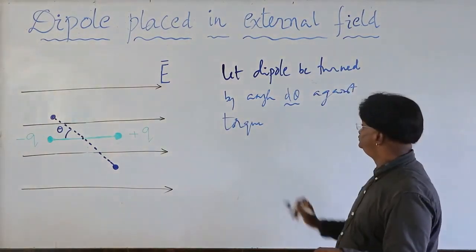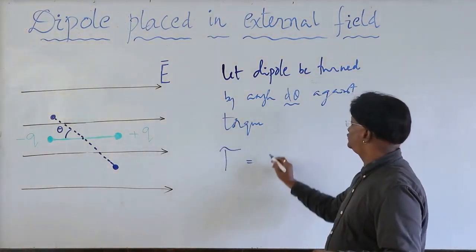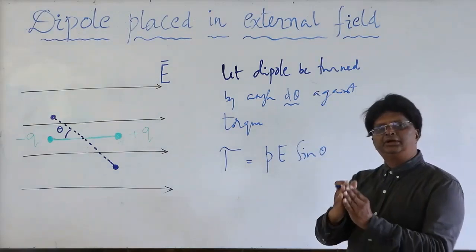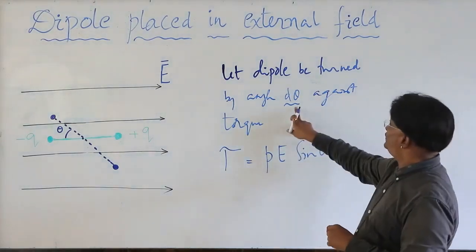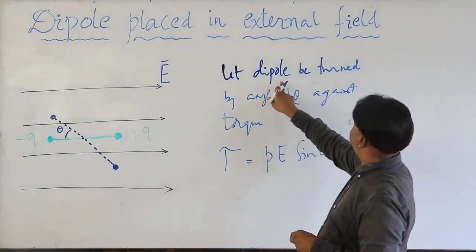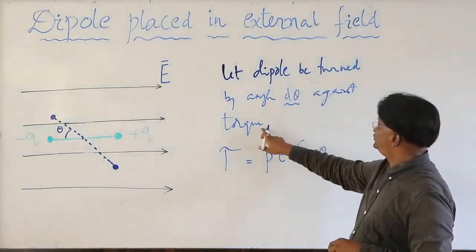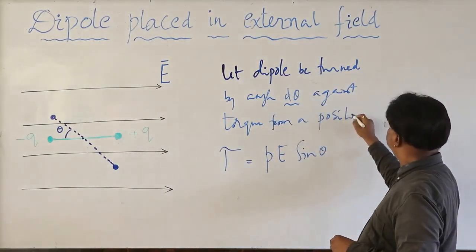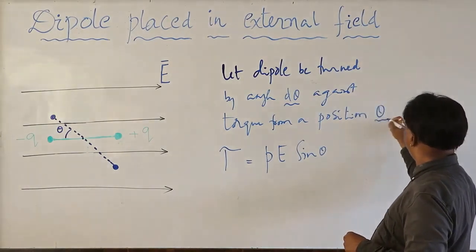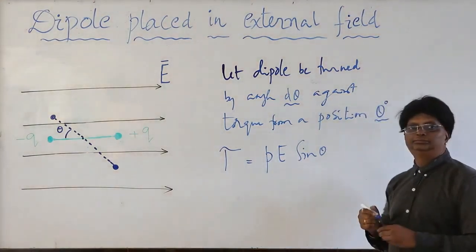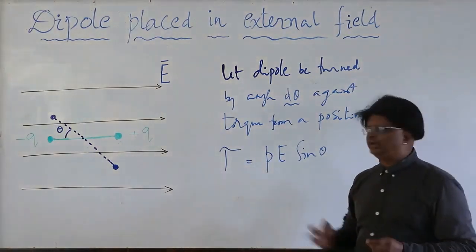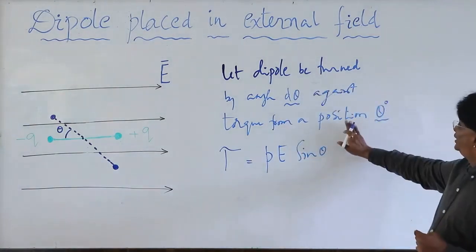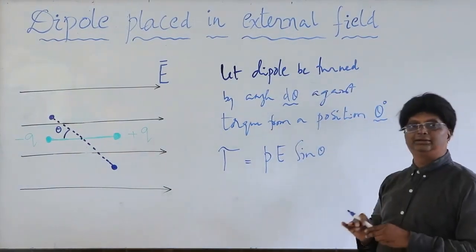Therefore, now we say torque tau is equal to PE sin theta, if theta is the initial position from where we have turned by d theta. So theta degree was the initial position. It could be anything, not necessarily 0; it can be any of the numbers from 0 to 180. So from theta degrees it is turned by an angle d theta.